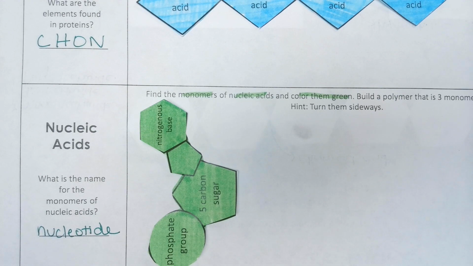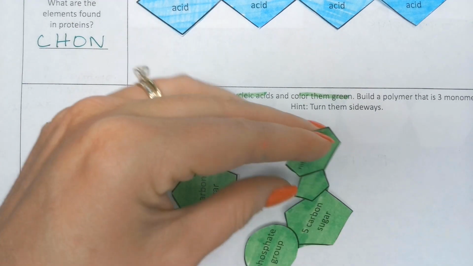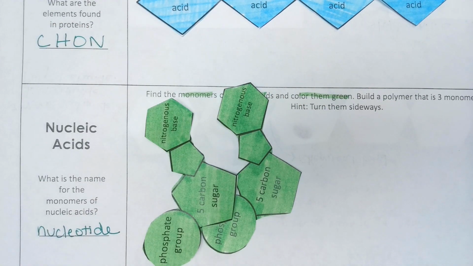So just to review nucleic acids, there are 2 types. We have DNA, which is a double-stranded molecule. The 5-carbon sugar is deoxyribose. And then we have RNA, which is single-stranded. And the sugar in RNA is ribose.